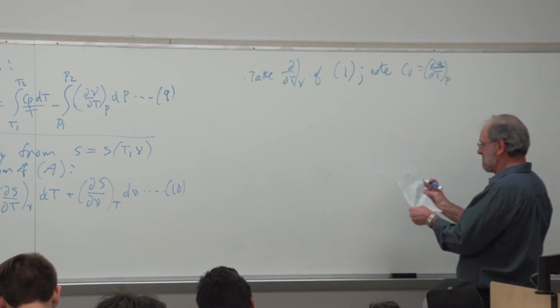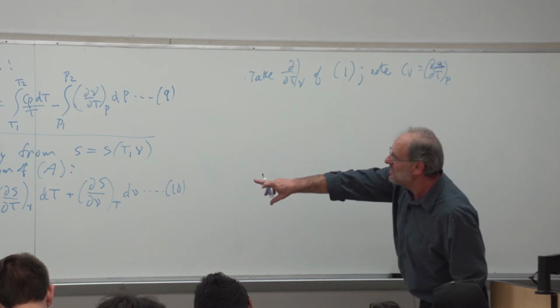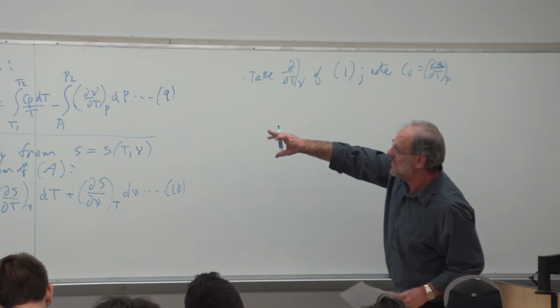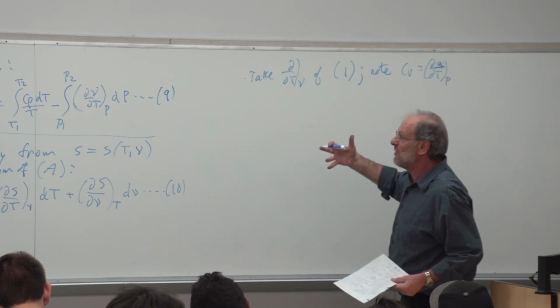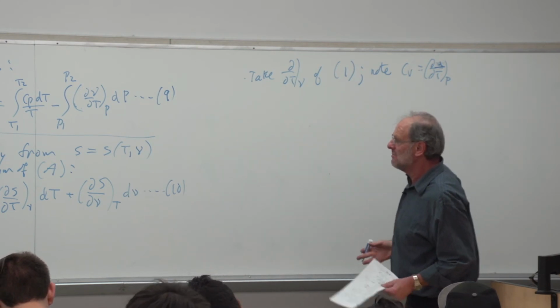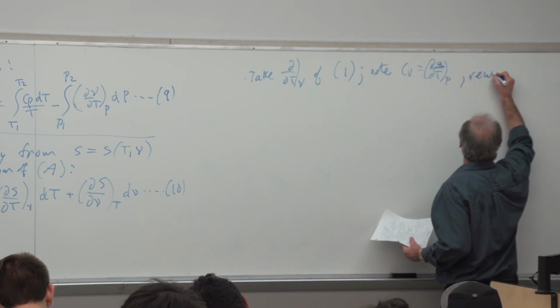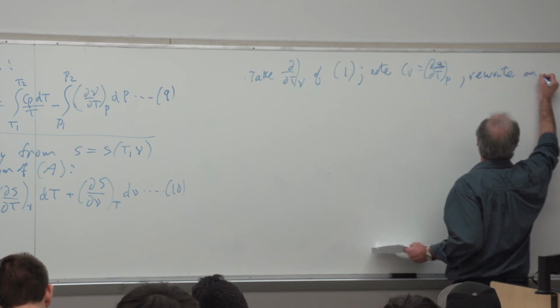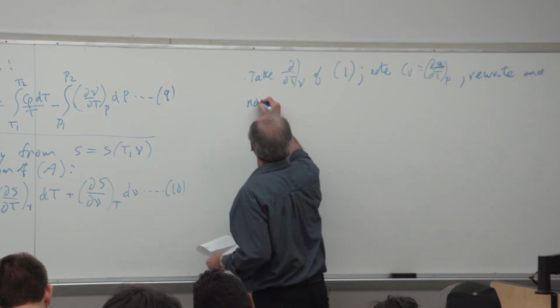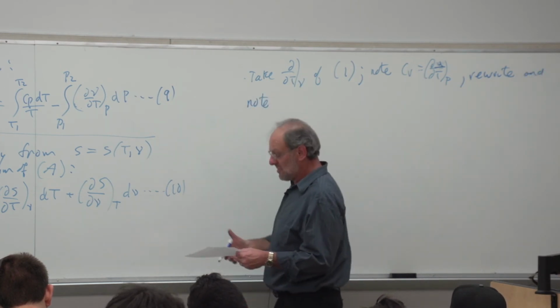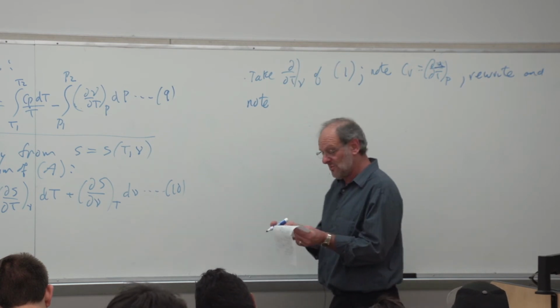Okay, so like I've done over here, I'm going to do some rewriting, if you will, and some mathematical manipulation. So rewrite, and then further note that we're going to take now the third Maxwell relation.